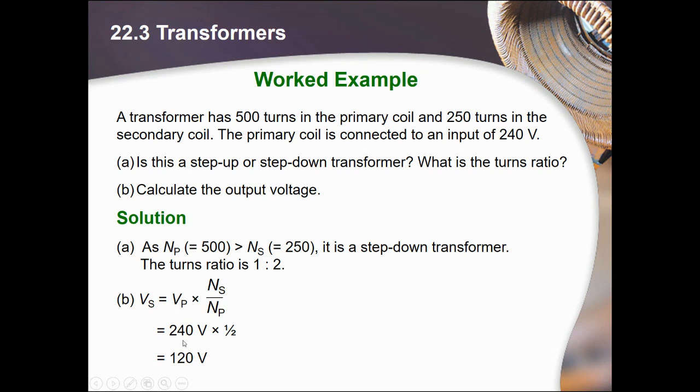So it's 240 volts for the voltage of the primary, times 250 divided by 500, which is half. So I get 120 volts. You see the turn ratio, 500 turns to 250. If my input is 240, my output will be half of it because the turns are only half. So my output will only be 120.